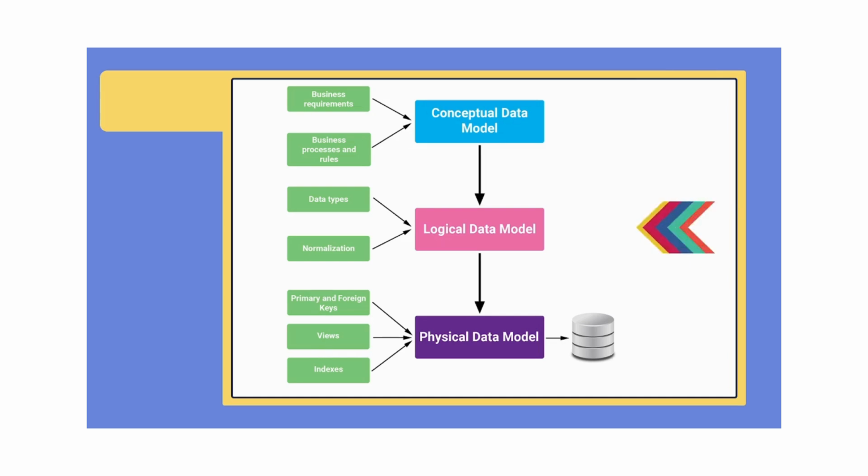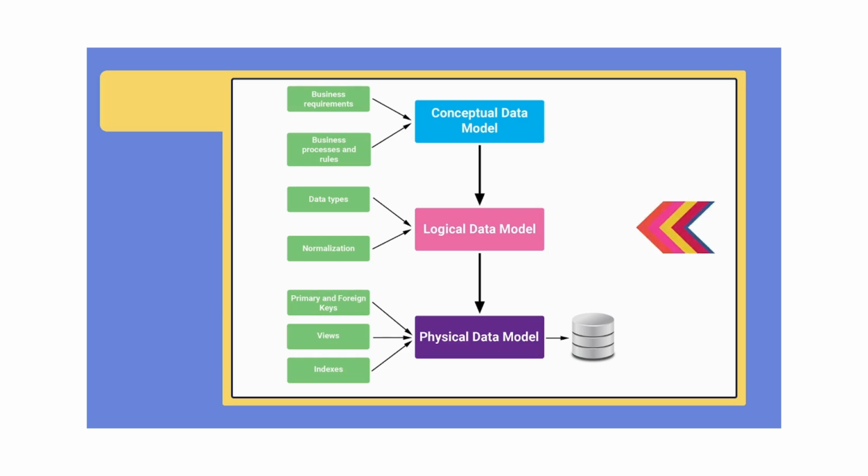Next one is logical data model. Based on the conceptual model, it introduces data type and normalizations. Data types means integer, float, number, string, etc. Normalization means dividing data into related tables to remove redundancy.